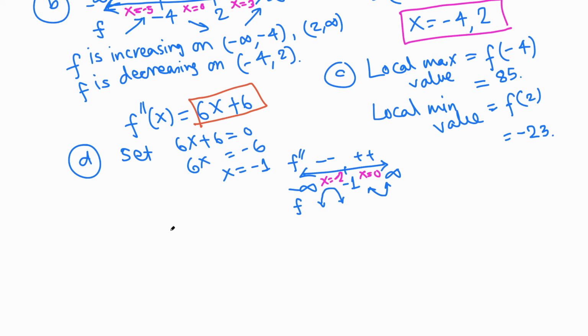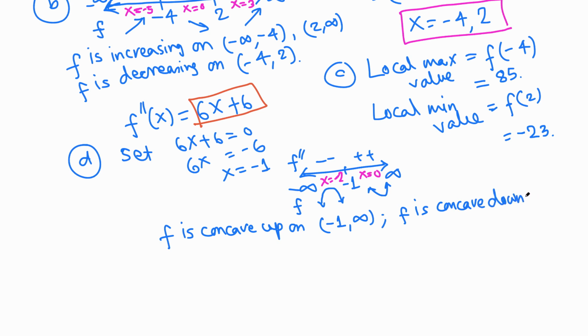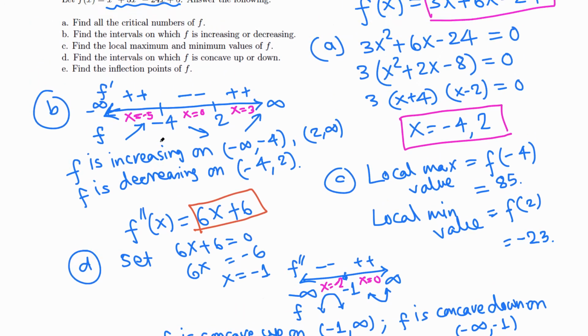So we answer in this way: f is concave upward on negative 1 through positive infinity. f is concave downward on negative infinity through negative 1. And note that at this number, negative 1, the concavity changed from concave down to concave up. So we have an inflection point.